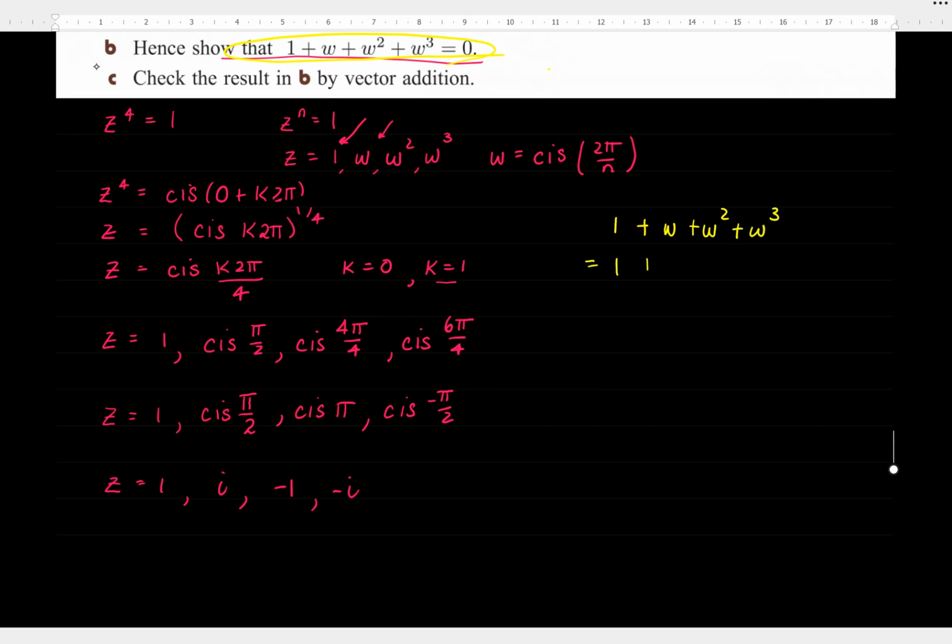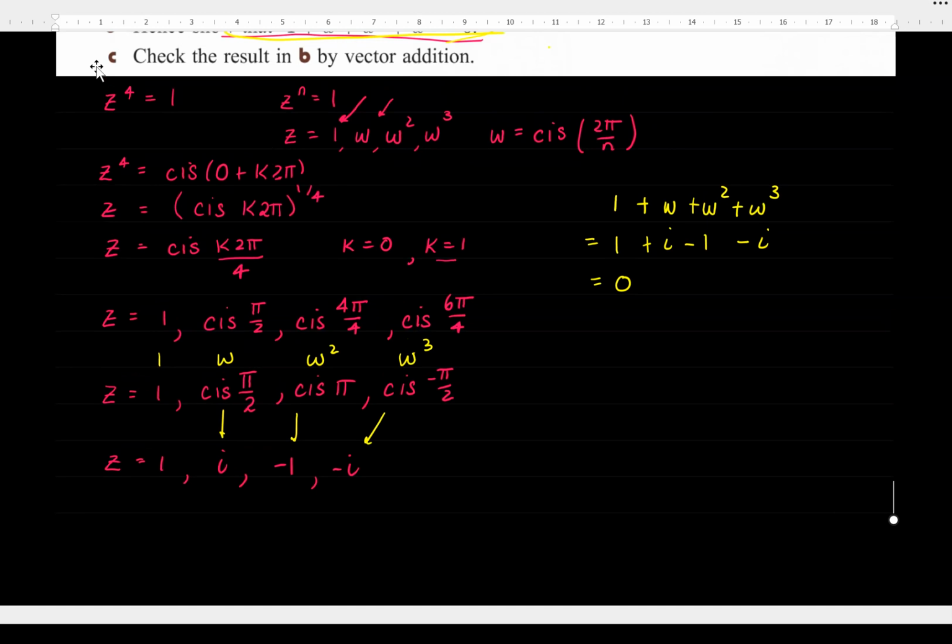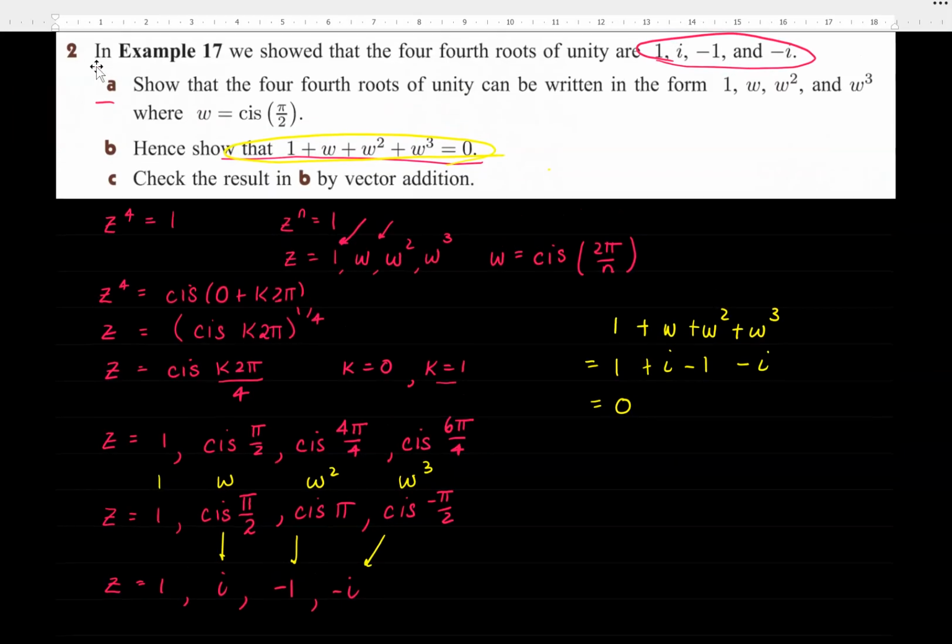Well, yes, 1 is 1. What is w? That's our w, this is our w squared, and this is our w cubed, so w would be i, so plus i, w squared is minus 1, and w cubed is minus i, and that, of course, does indeed equal 0.